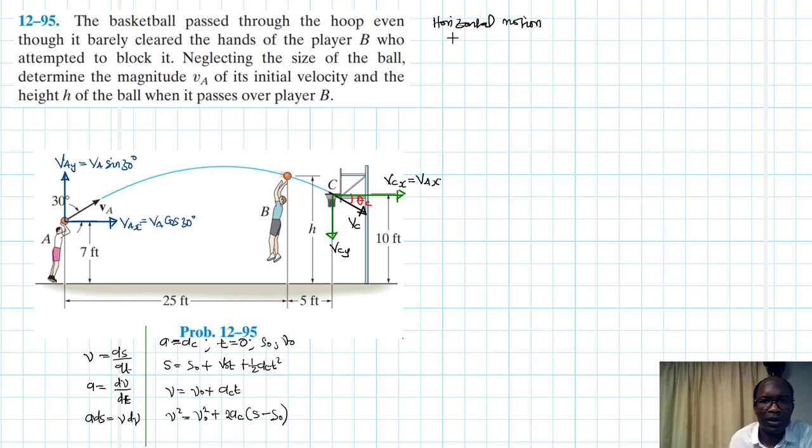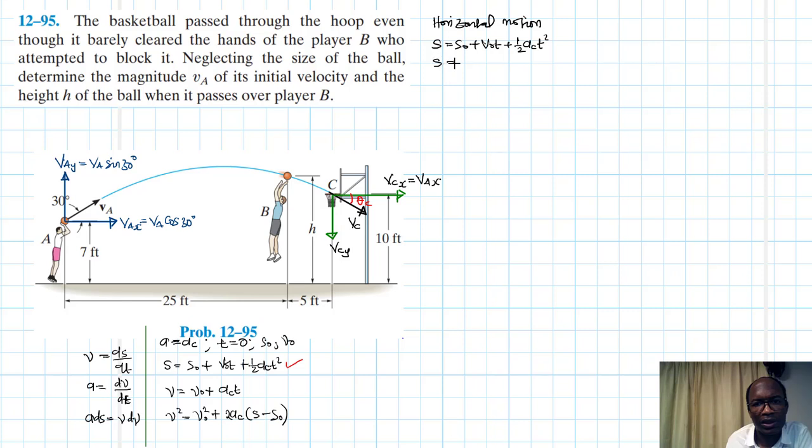What do we have here? We want to use this equation for now: s equal to s naught plus v naught t plus half a_c t squared.